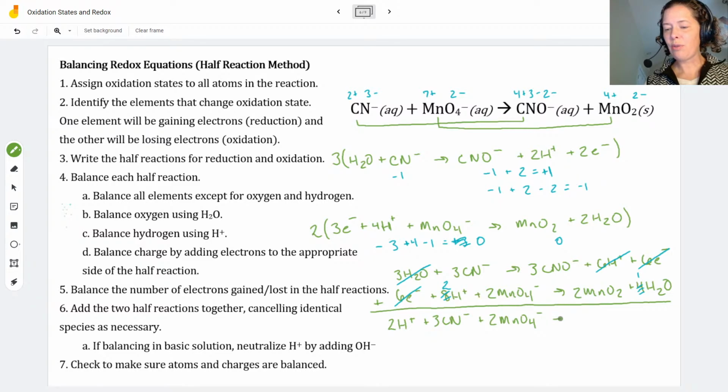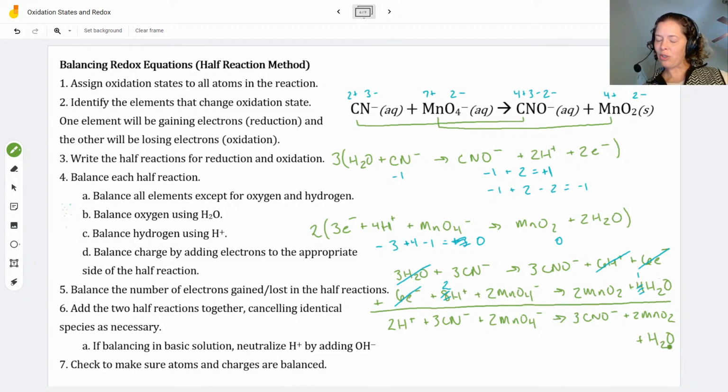Now I go to the product side, and I have 3 CNO plus 2 MnO2. I'm totally out of space, so I'm going to have to squeeze my water in down here. So I just have 1 water. And again, just making sure that I have everything and I haven't dropped a molecule that I need.